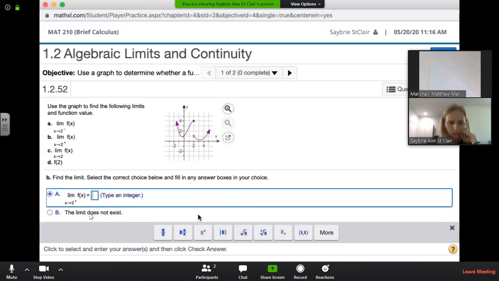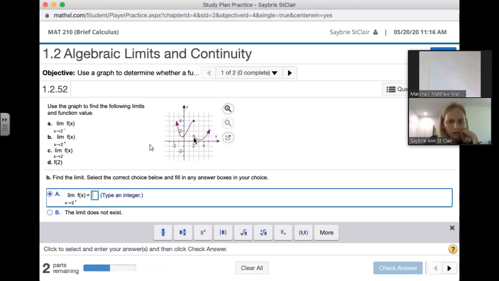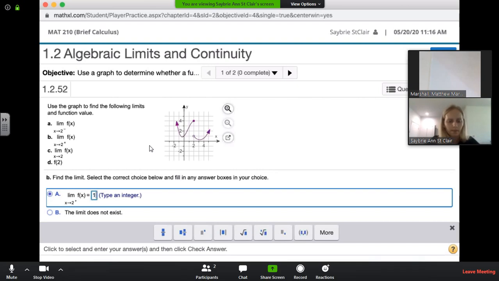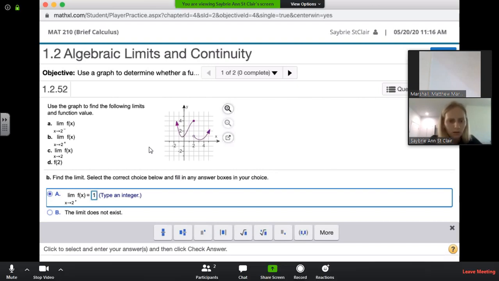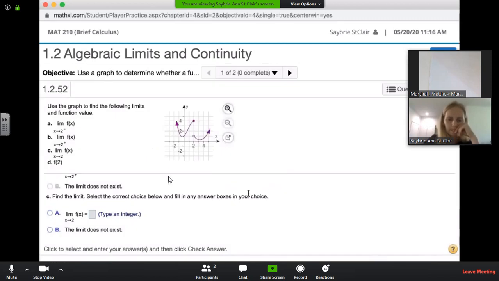Approaching positive 2 on the x-axis from the right, you're pointing right at that little open circle. So on the left there, that would be positive 1.